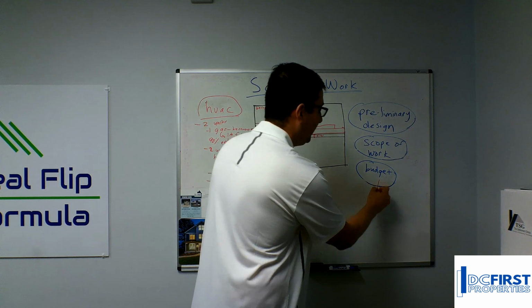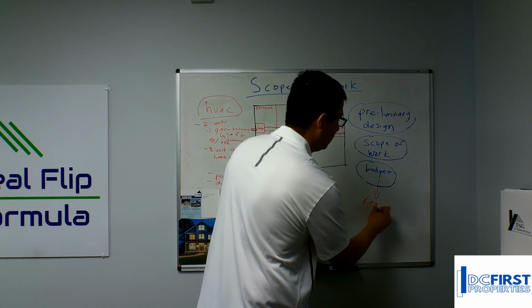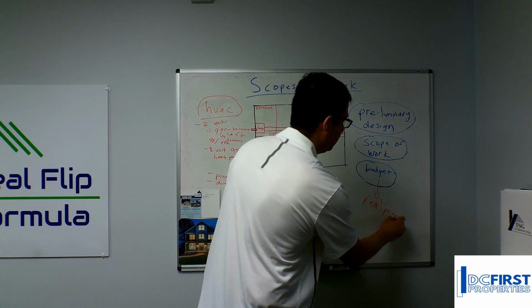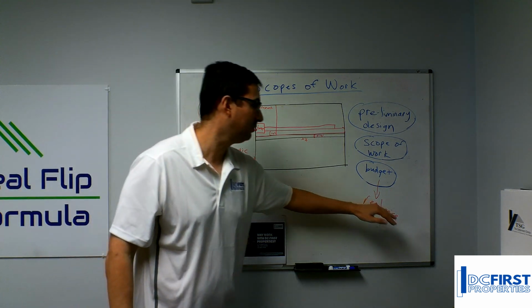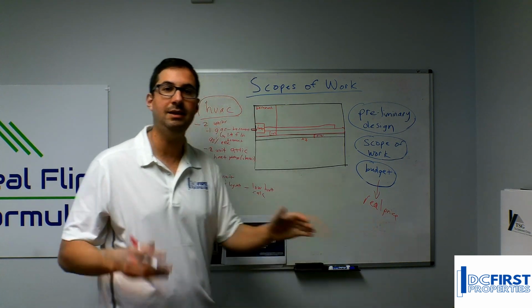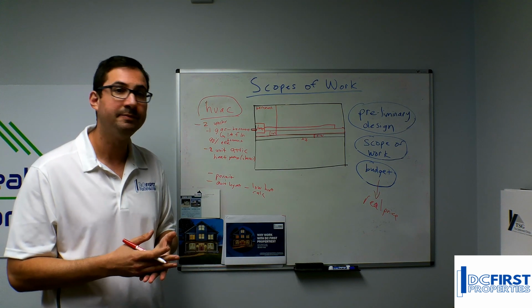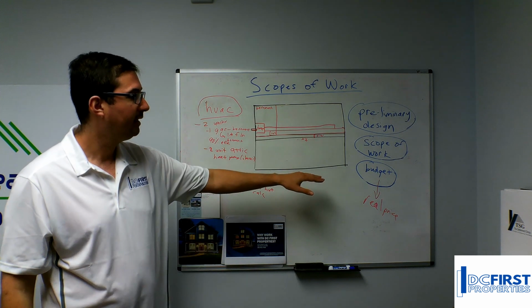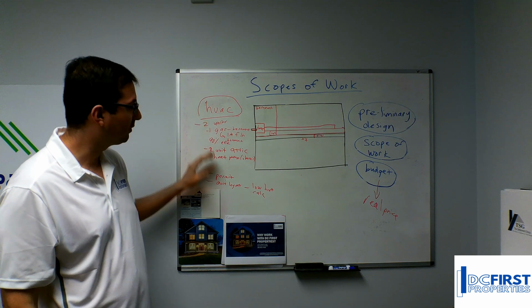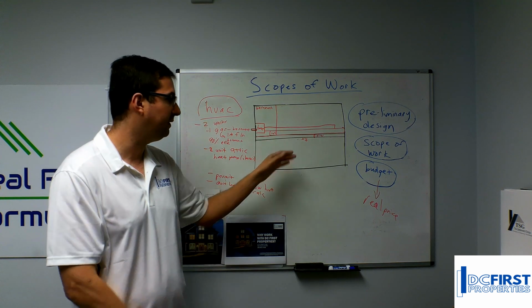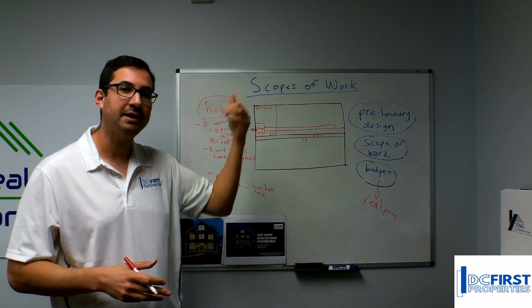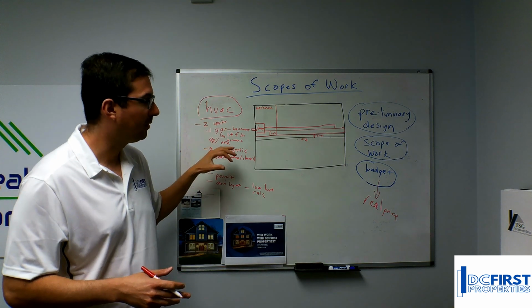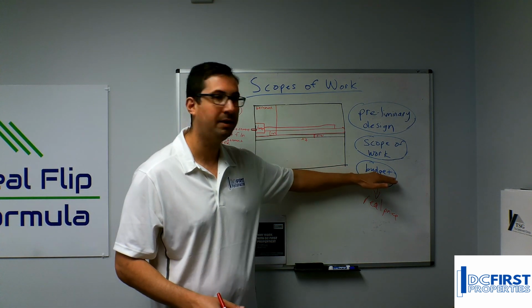So we're going to get a real price. When the scope of work is really well defined, you're going to get a really good price attached to it that is an accurate bid. Let's say that the scope of work we define, we want Broan fans in the bathrooms, and we want a fancy Bluetooth fan in the master bath. Let's say our scope of work ends up exceeding our budget.